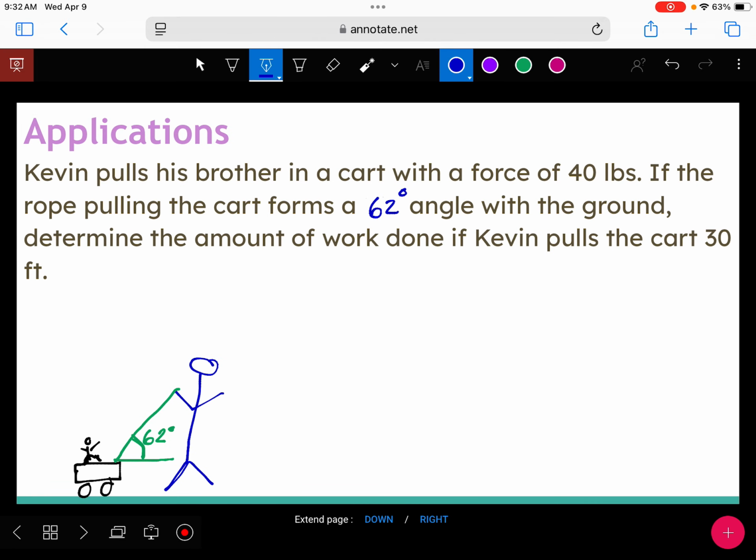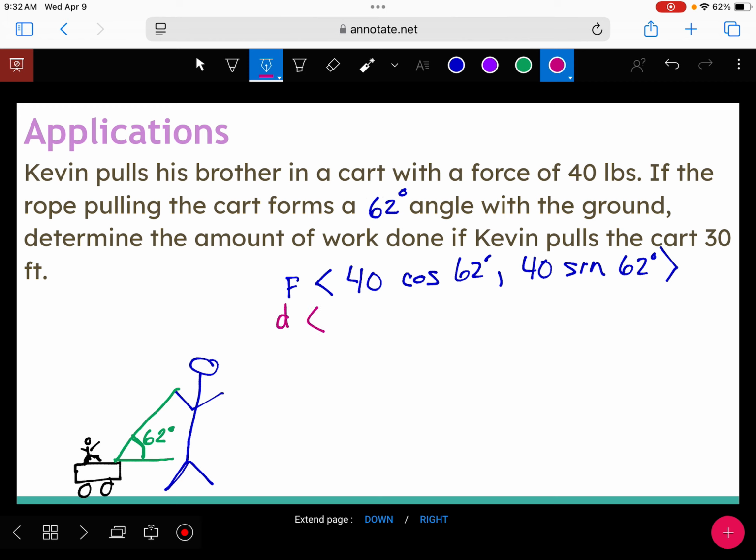So the force with which Kevin is doing his work, how do we write that vector? 40 cosine of 62 and 40 sine of 62. And the displacement, the amount he's moved, is what? 30 cosine of 0.